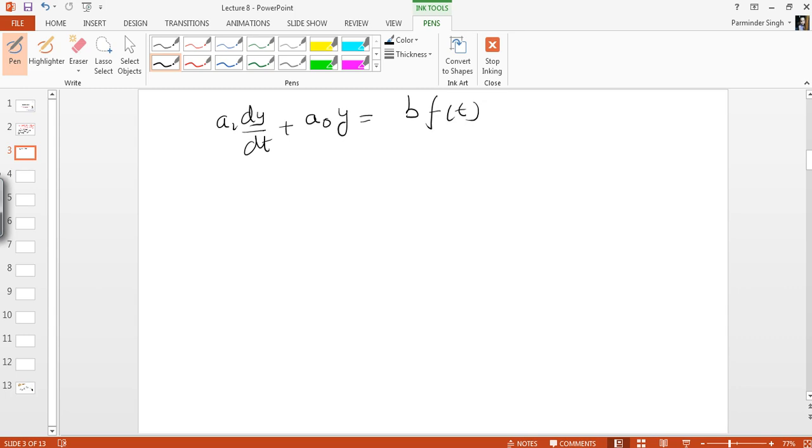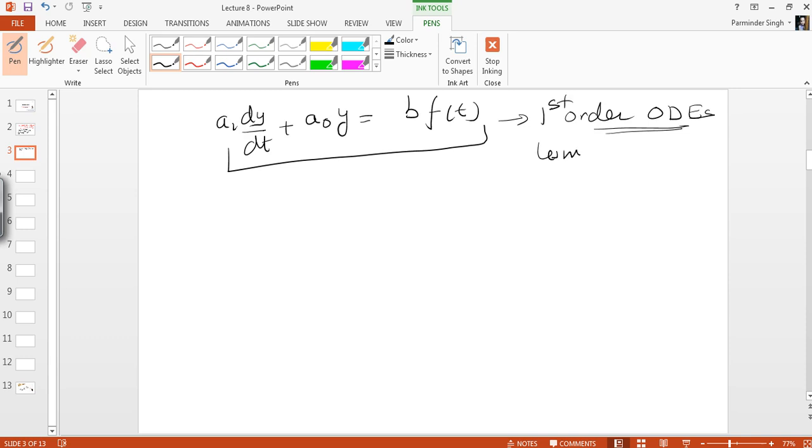So any system whose dynamics is represented by this first order ordinary differential equation. Now here I am concentrating on ordinary, meaning they are variable only with respect to time. So these examples are for lumped parameter systems. Clear? Wherever you have a partial one, those are distributed systems.